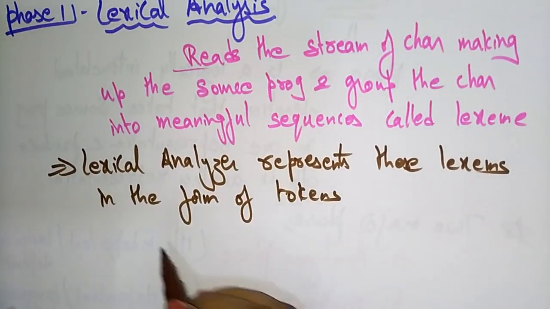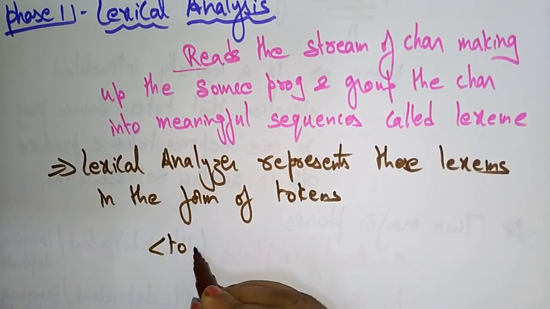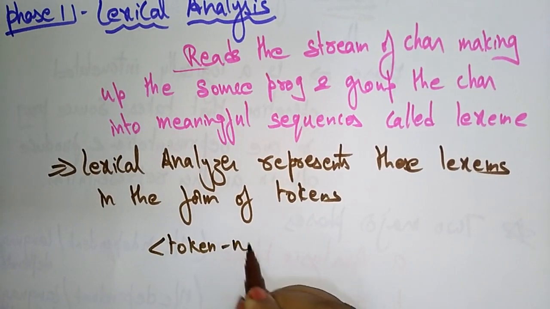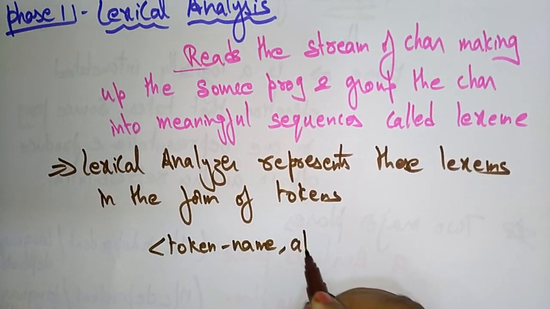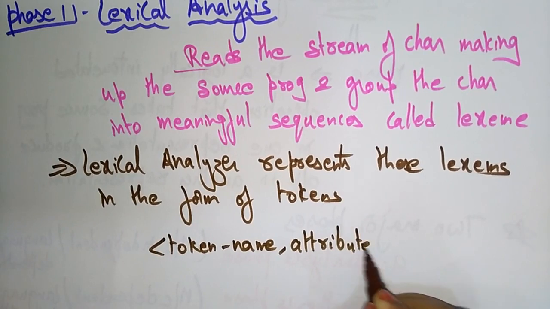Let me show you a simple example. The lexical analyzer produces tokens in the form of a token name and attribute values.